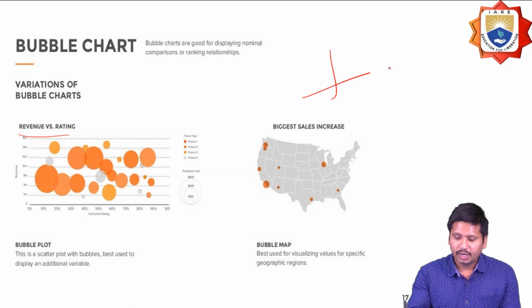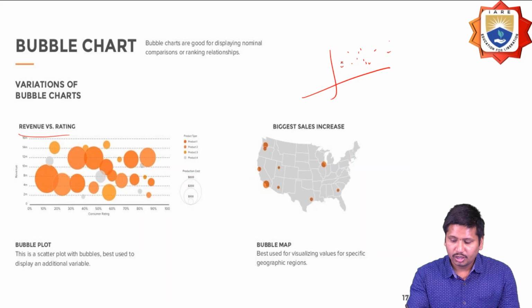In a scatter plot we show dots, but in a bubble chart the size of the bubble matters. A small bubble has less preference, while a big bubble is best to show the additional value. So the bubble chart displays nominal comparisons or ranking relationships.